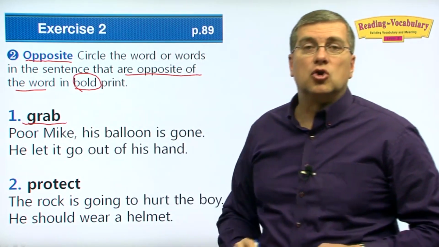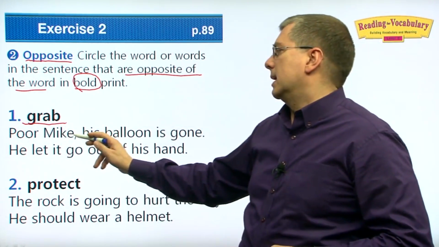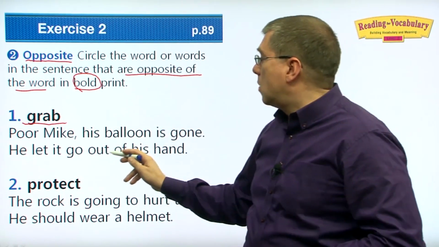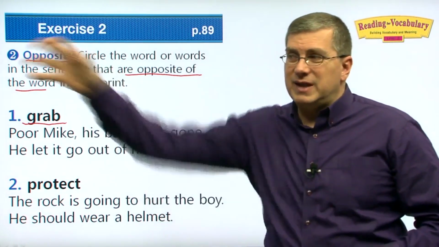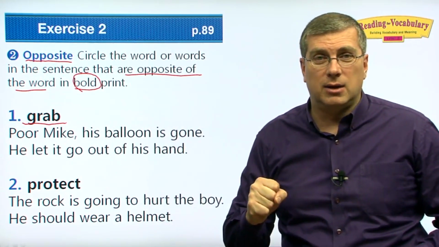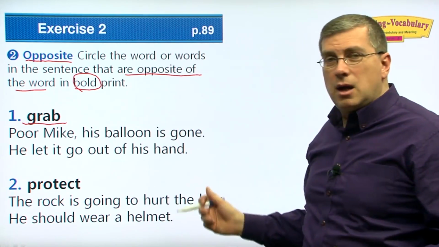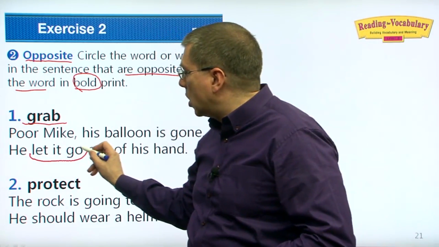Our word here is grab. Number 1 is grab. So our sentence is, poor Mike, his balloon is gone. He let it go out of his hand. So remember, grab is to take and hold in your hand, right? What's the opposite? The opposite is here. He let it go.